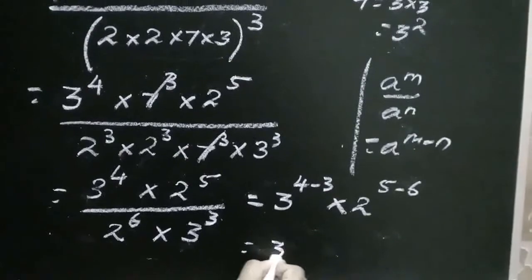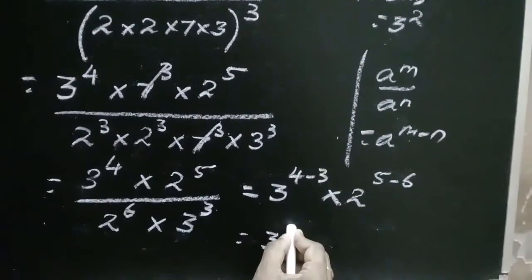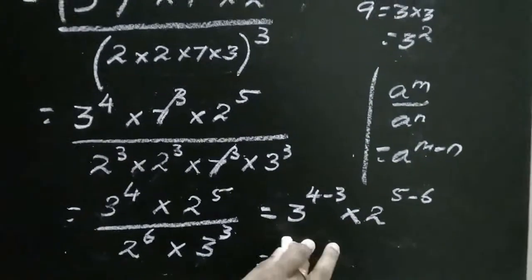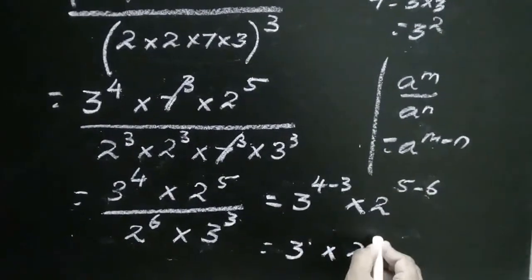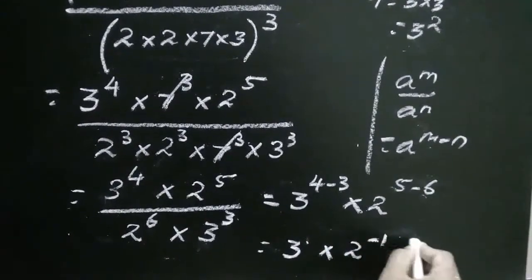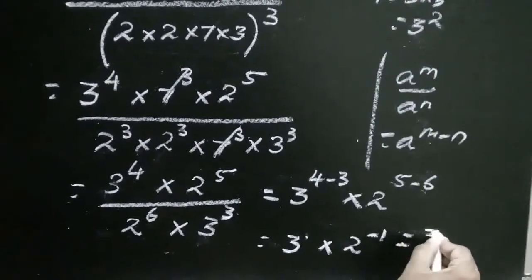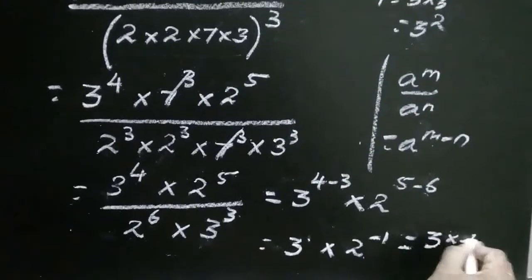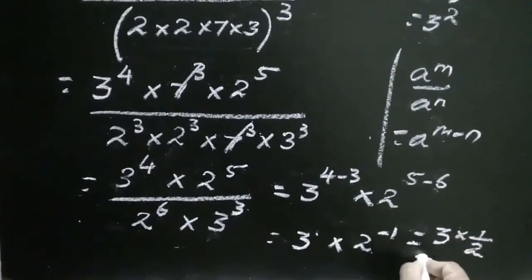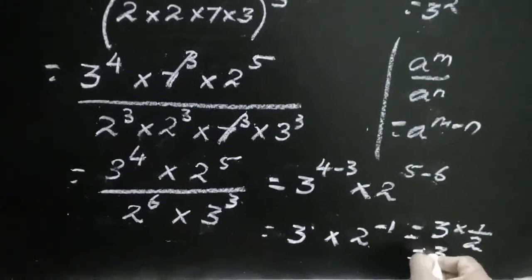So 3 power, here 4 minus 3, the answer is 1. So 3 power 1, that is 3 only, into 2 power 5 minus 6 means minus 1. So 2 power minus 1 can be written as 1 divided by 2. So the answer is 3 ones are 3. So 3 divided by 2.